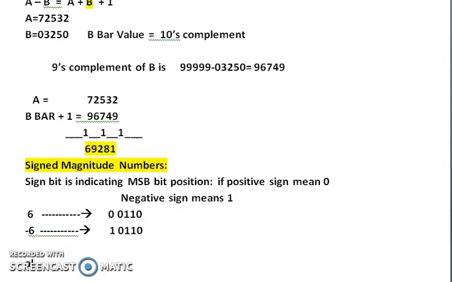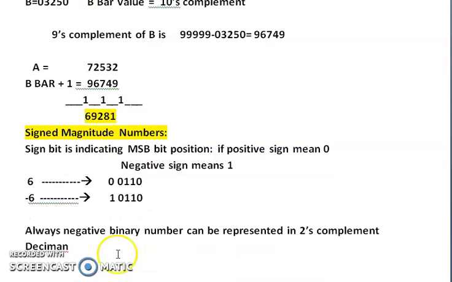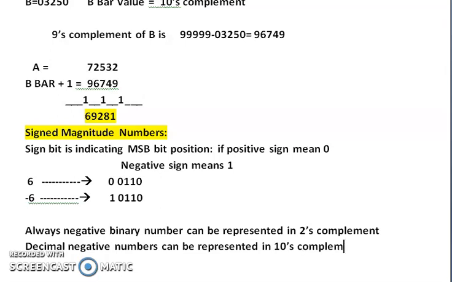So negative binary numbers can be represented in 2's complement, and decimal negative numbers can be represented in 10's complement.